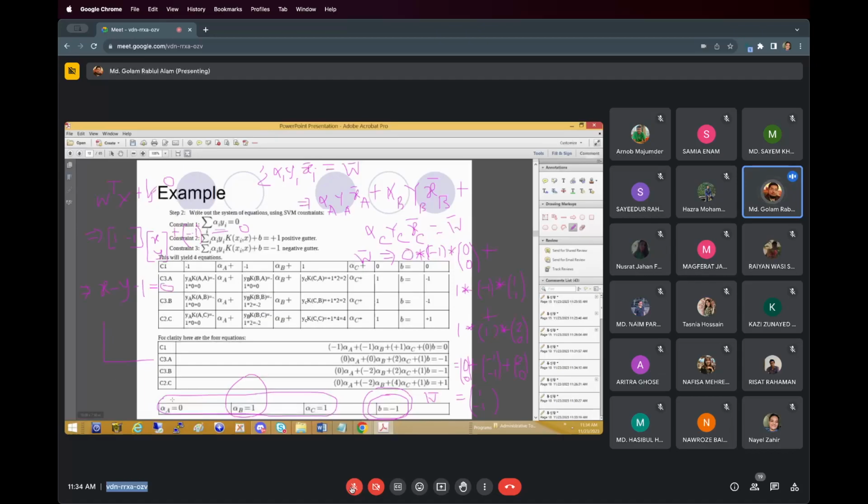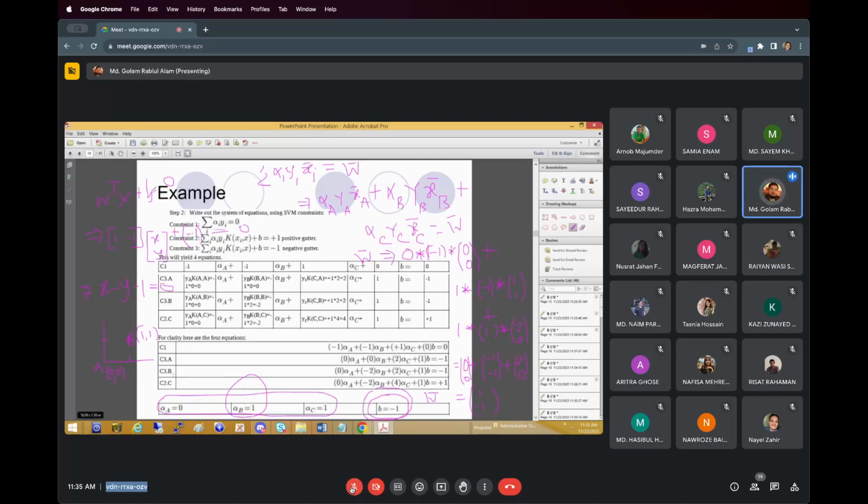If we plot those 3 points here, A will be here. It is 0, 0. We can consider this is 1 and here is 1. So B will be at this location, 1, 1.